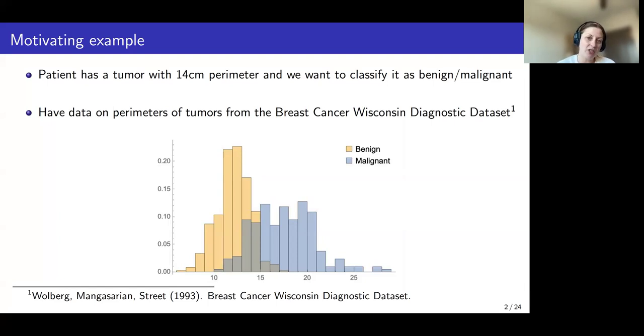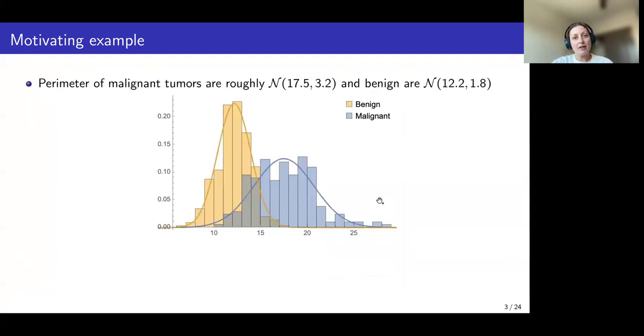Looking at this data, maybe we squint a little bit more and say each class looks a little bit Gaussian. Maybe this blue one has some noise and is kind of multimodal, but if you take enough steps back and squint enough, each of these subpopulations is roughly bell-shaped. So what you can do is fit a Gaussian to each of these curves, and you get the following means and variances.